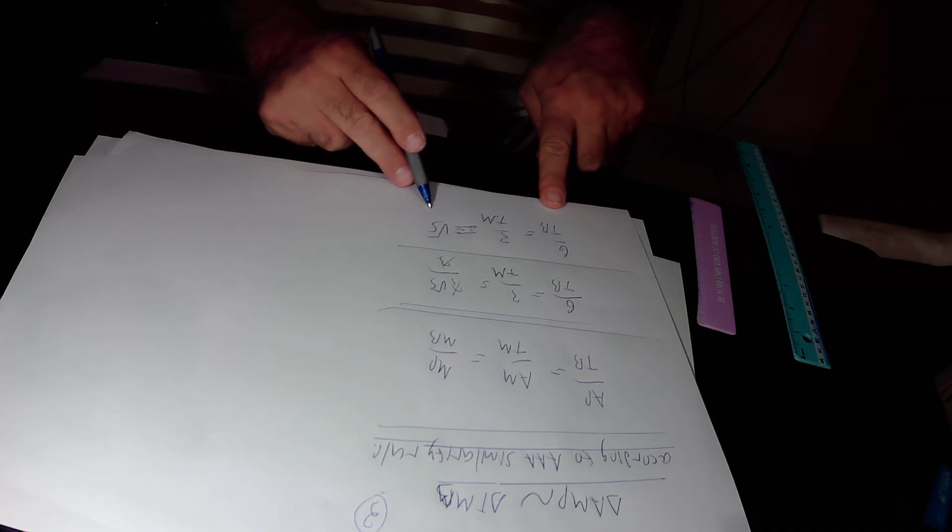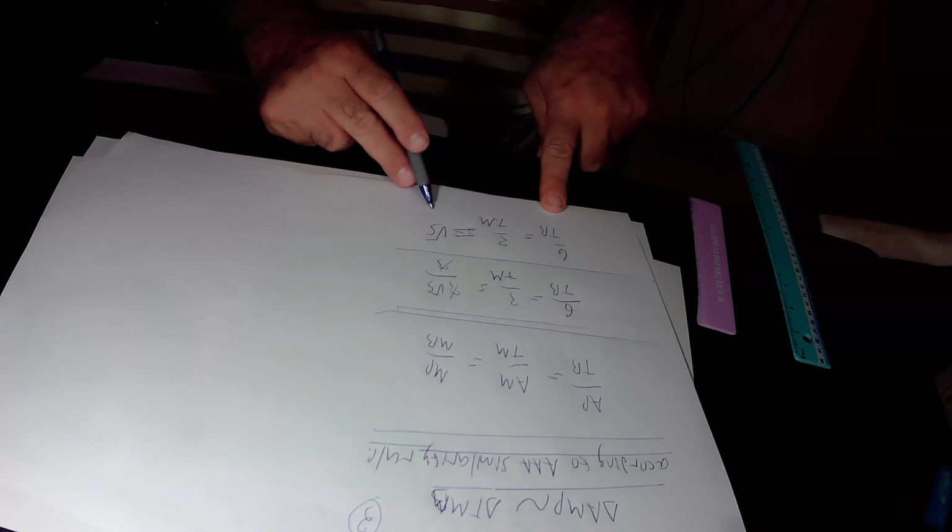Those two sides are equal to each other, so we get the first equation from those two sides. So 6 over TB equals square root of 5.